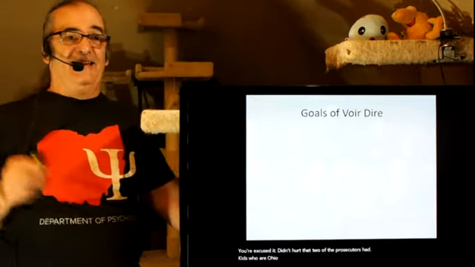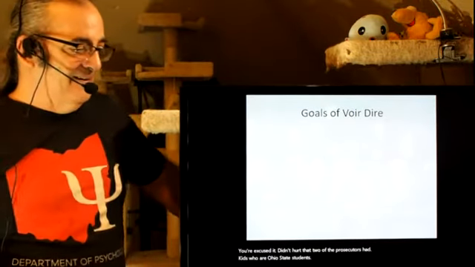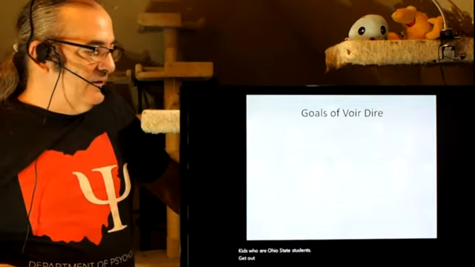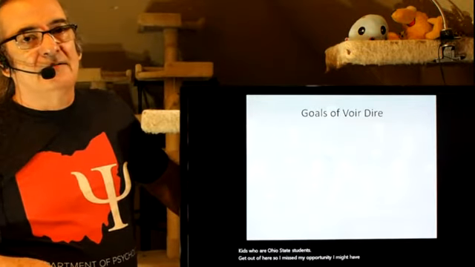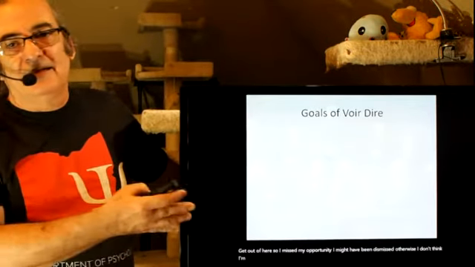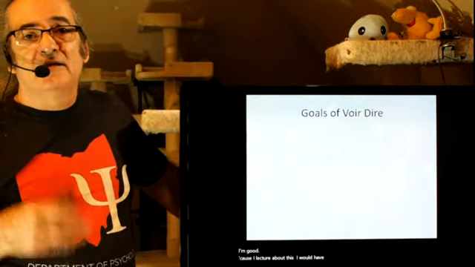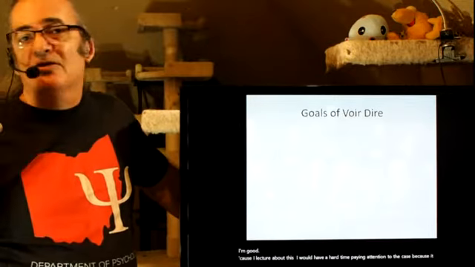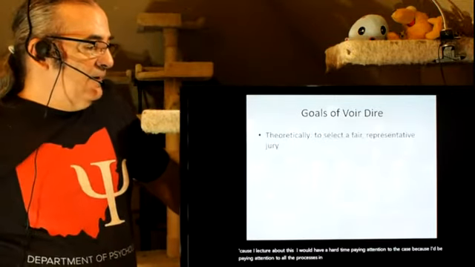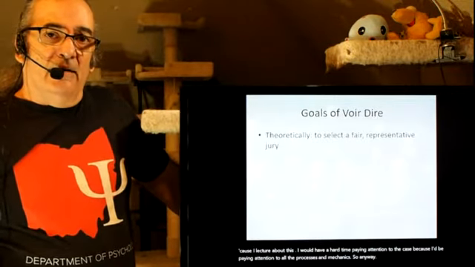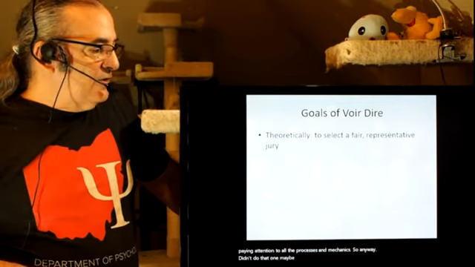And they're like, yeah, no, you get out of here. So I missed my opportunity. I might have been dismissed otherwise. I don't think I'd be a good juror, because I lecture about this. I would have a hard time paying attention to the case because I'd be paying attention to all the processes and mechanics. So anyway, didn't do that one. Maybe when I'm older and retired, I'll get my chance, right?